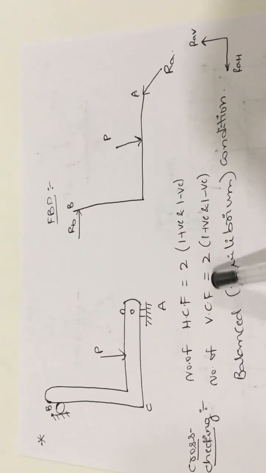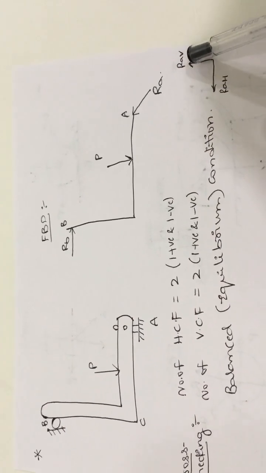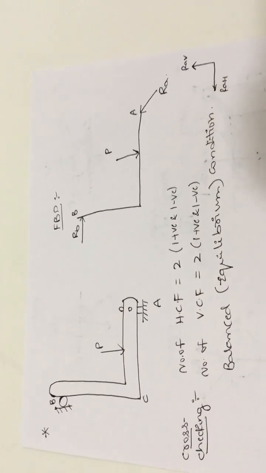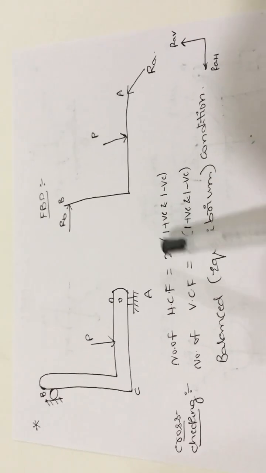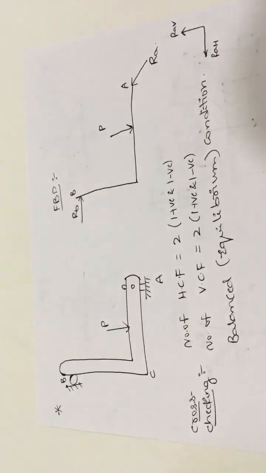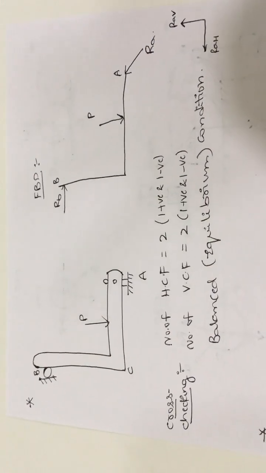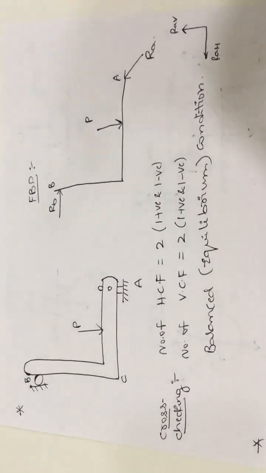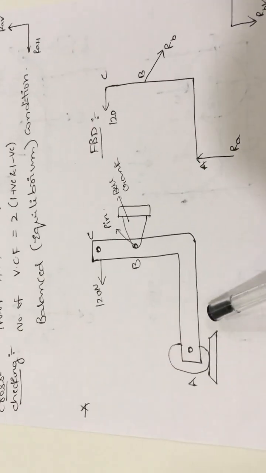Number of vertical components is equal to 2. One negative component, one positive component. So vertical components are balanced and horizontal components are also balanced. So this is the balanced condition system. So we can cross check our free body diagram by using the equilibrium condition, and our free body diagram is right.